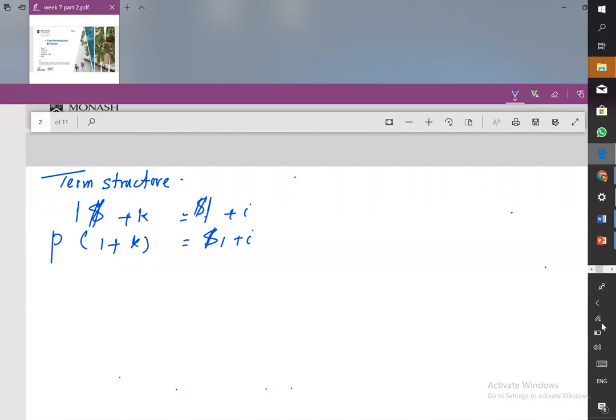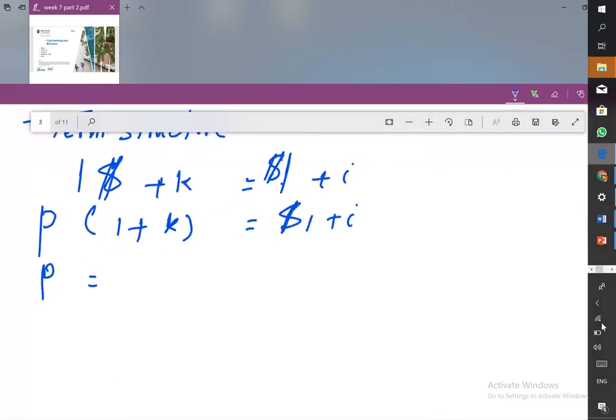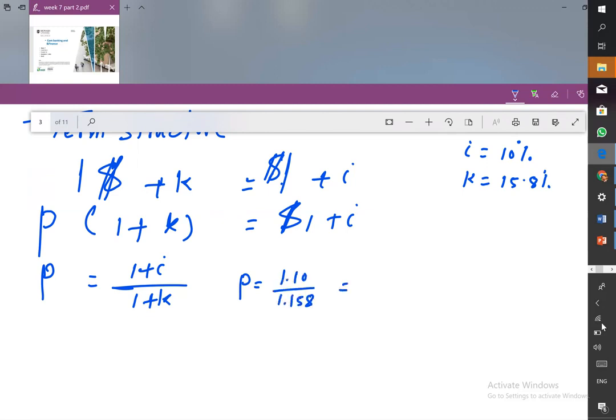Therefore, I can calculate the probability of payment: B equals 1 plus I over 1 plus K. If I is, say, 10% and K is 15.8%, then B is 1.10 over 1.158, which is about 95%.